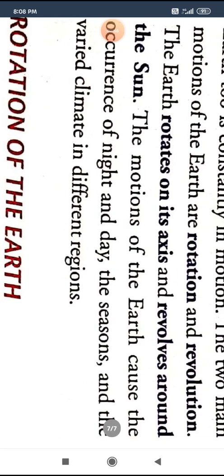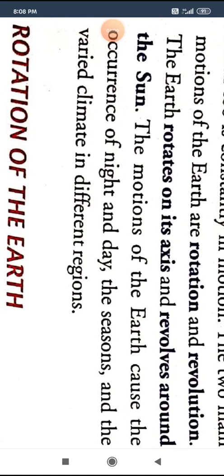The motions of the Earth cause day and night, the seasons and the varied climate of different regions.